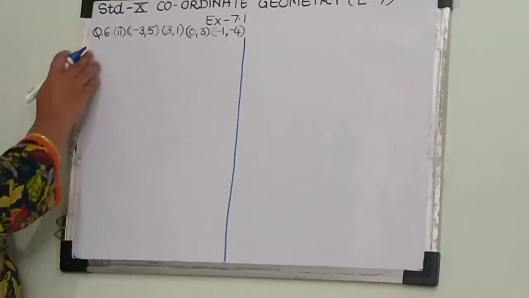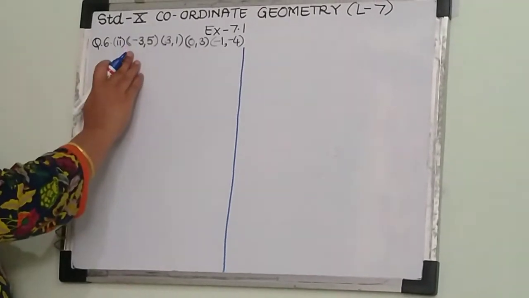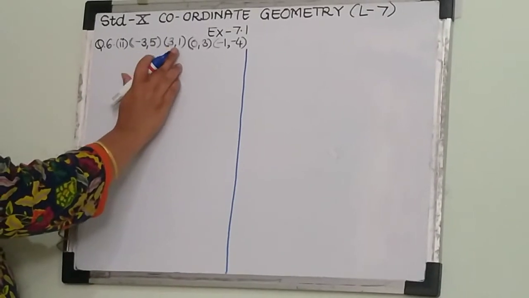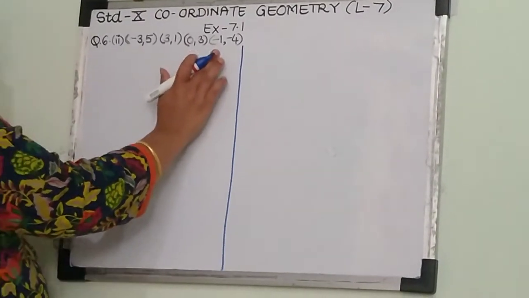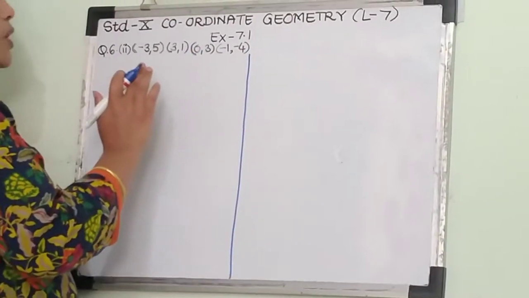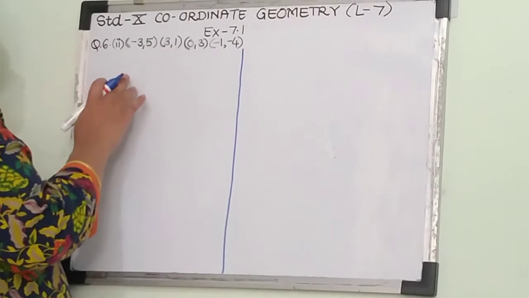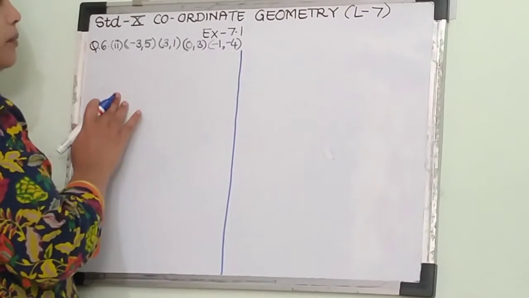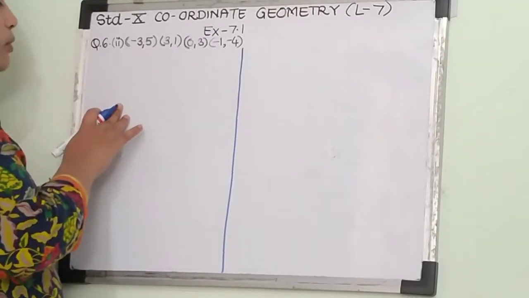Now question number 6. Here we are given four coordinates, that is (-3, 5), (3, 1), (0, 3) and (-1, -4). So here we have to check which type of quadrilateral is formed, and we have to write it.